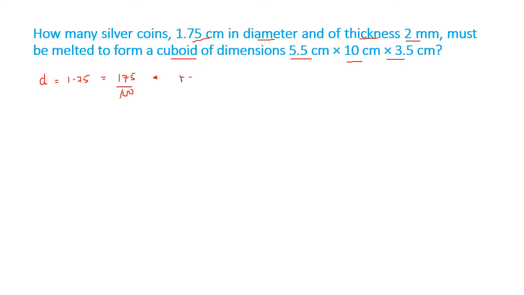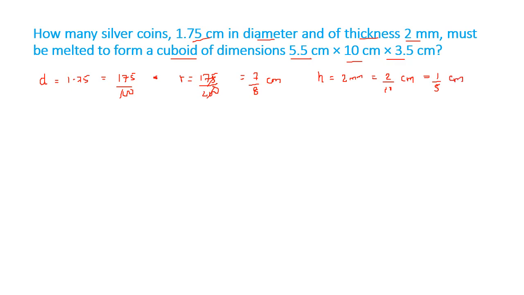So the radius will be 175 upon 200, or 7 by 8 centimeter. That is the radius of the coin. The thickness of the coin or height of the coin is 2 millimeter, or 2 by 10 centimeter, or we'll write 1 by 5 centimeter.